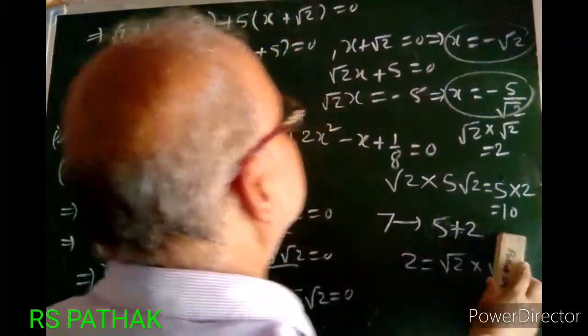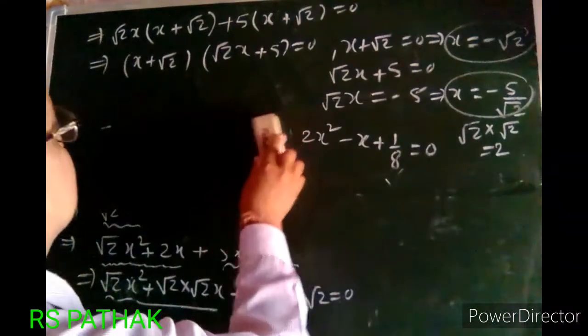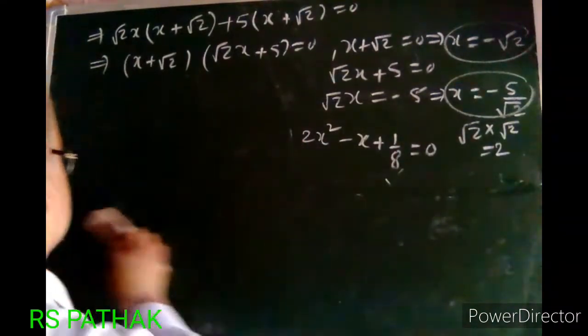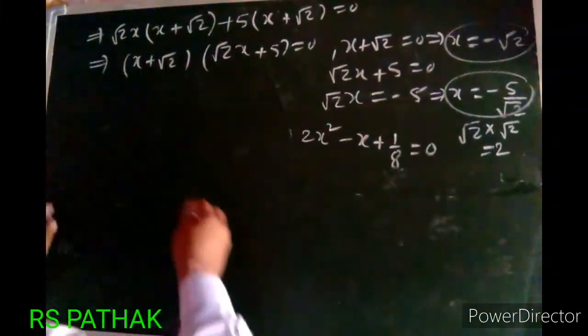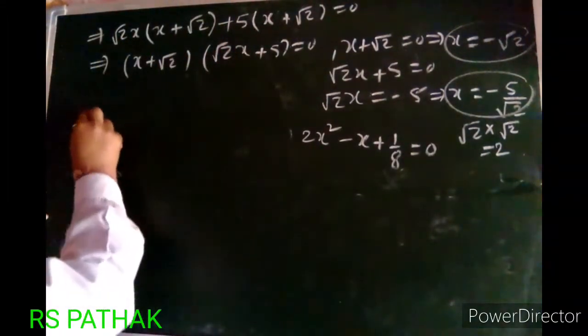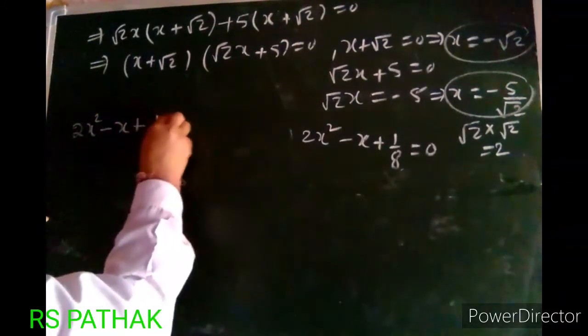Now I am going to explain you about the last question. This question is 2x² minus x plus 1 upon 8 equal to 0.